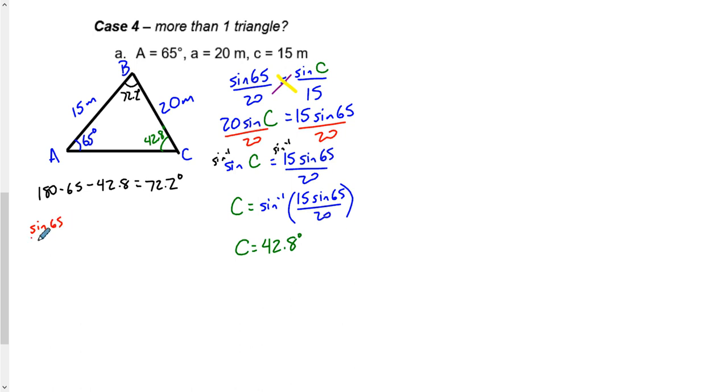Where is that? 65. Notice how I still keep on going back to my first actual known information. Do my cross multiplication. Do my manipulation.